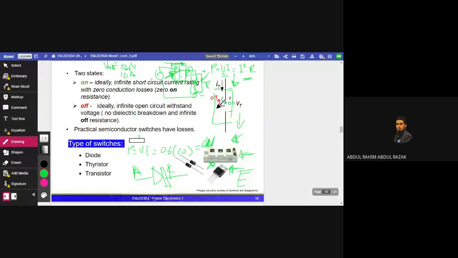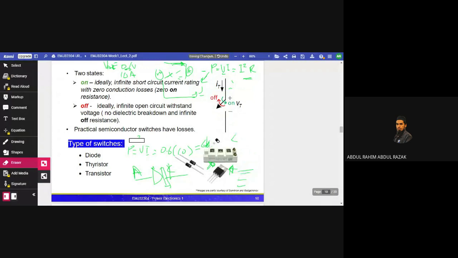Okay, for our consideration right now, in our simulation, in our topology for the time being, we shall consider the losses later.